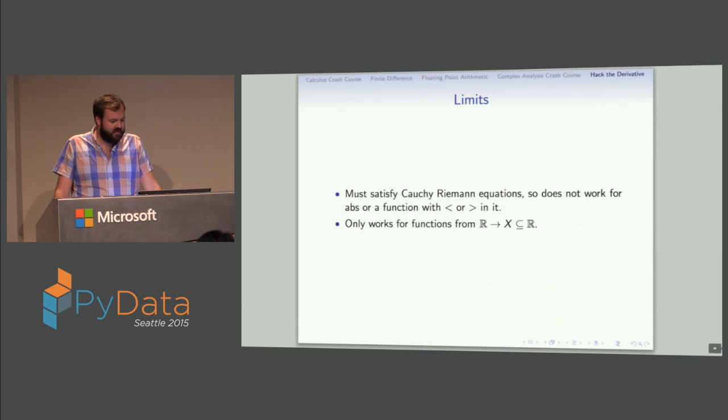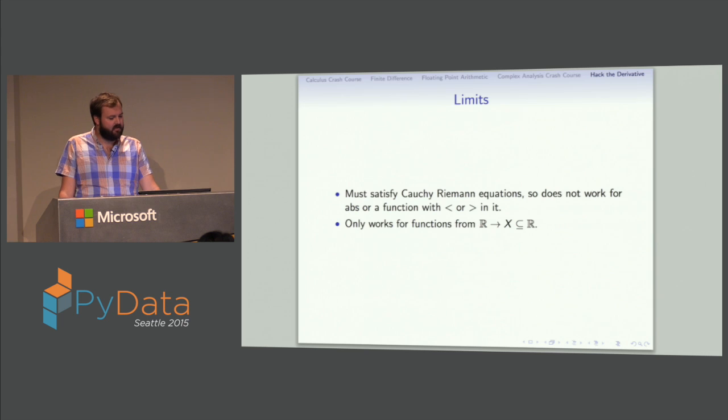So a few more limits. The function obviously has to satisfy the Cauchy-Riemann equations. So if you have a function with absolute value, this isn't going to work. If you have a function with some logic flow in it that uses a less than or greater than, it's not going to work.